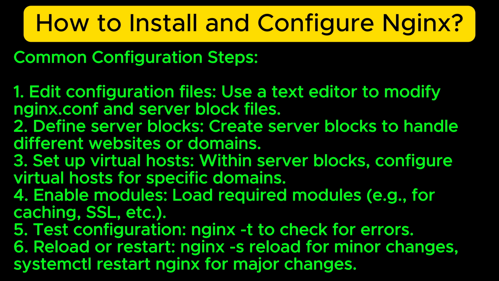You can set up your virtual host and enable modules, where you can enable cache, SSL, whatever you want. Then you can also test the configuration. Let's suppose you have modified some configuration file and you are not sure whether the configuration is correct or not. Then you just run the command nginx -t. It will show you if there is any error in your configuration file.